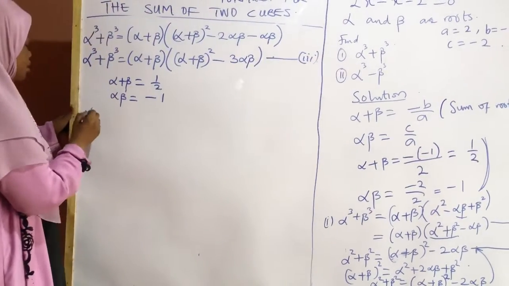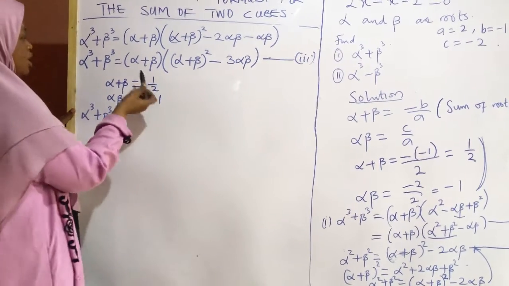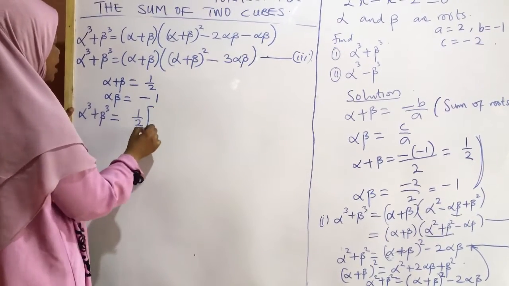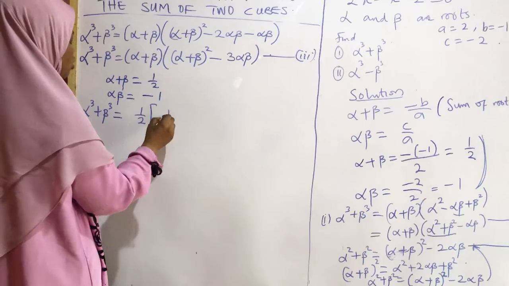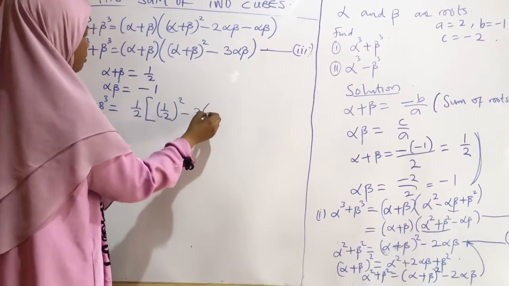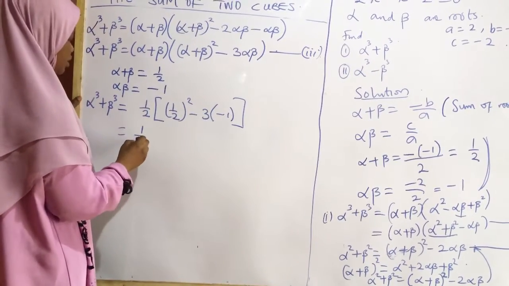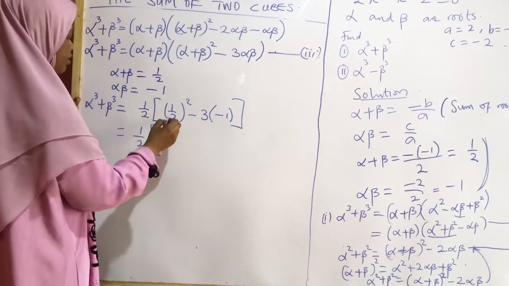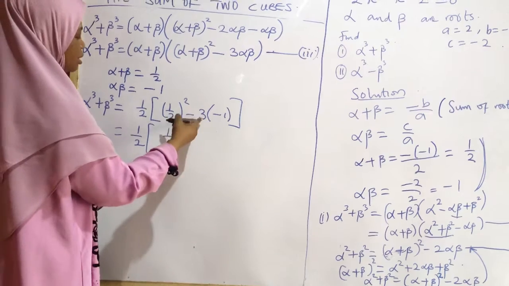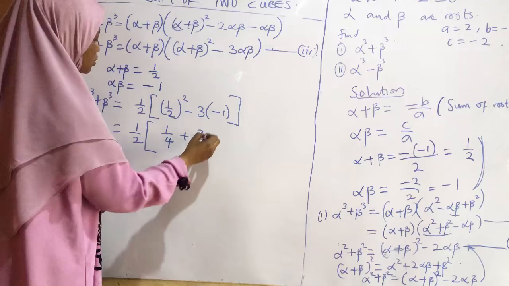So alpha cubed plus beta cubed will be equal to, wherever you see alpha plus beta, you put 1 over 2. 1 over 2 multiplied by 1 over 2 squared, then minus 3 multiplied by minus 1. Which is equal to 1 over 2 multiplied by 1 over 2 squared, which is 1 over 4. Then minus 3 multiplied by minus 1 will give me plus 3, over 1.